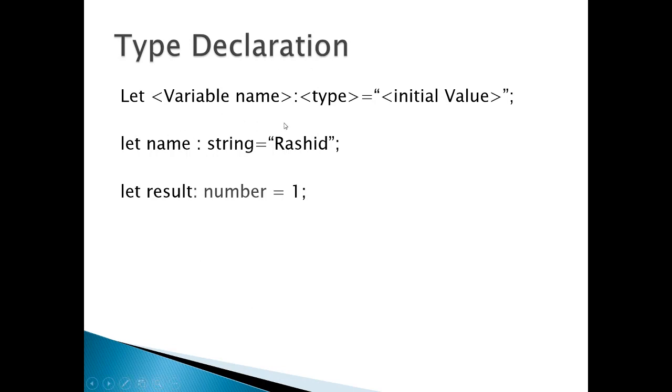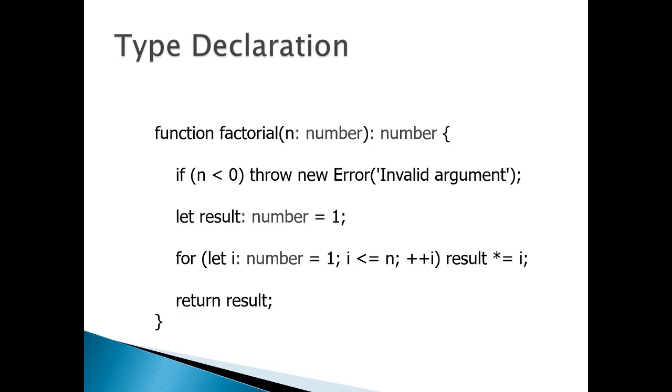Let variable name, colon, type, equal to the initial value, whatever you want to give. Let name be a string, "Rashid". Let result be a number, 1. So we are assigning a string to a variable. Then in the case of a function, we have to assign the type, the input type and the output type. Here if we see factorial, it is a function.